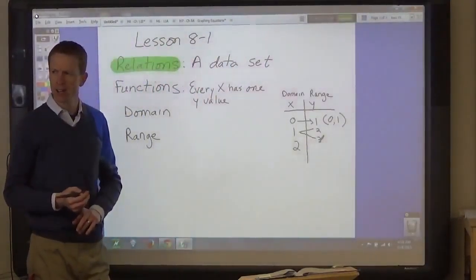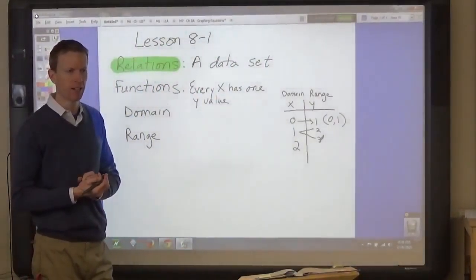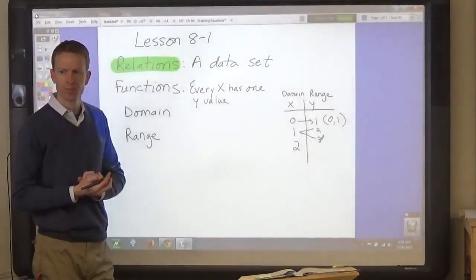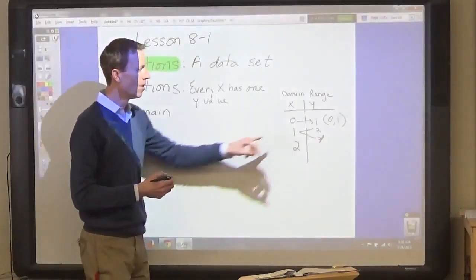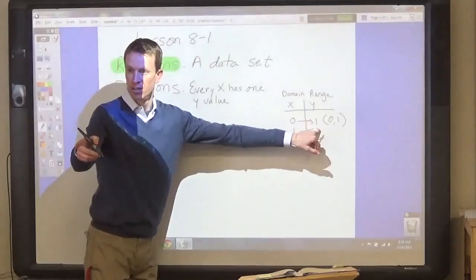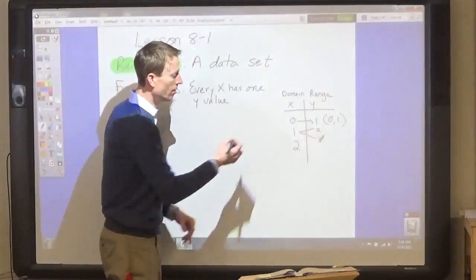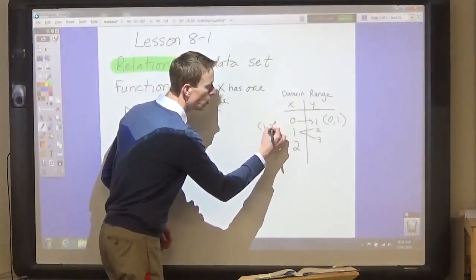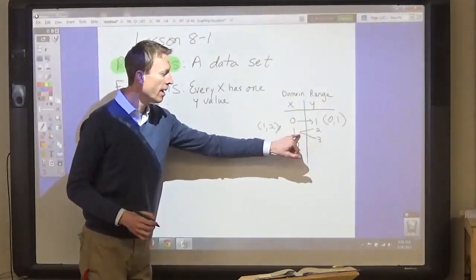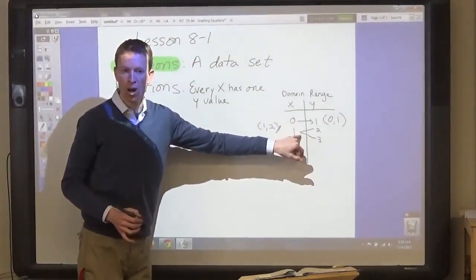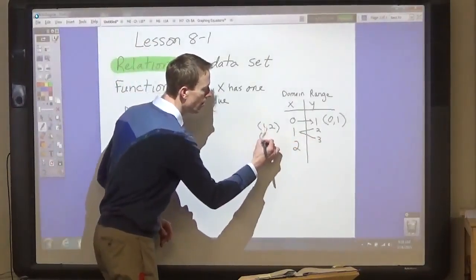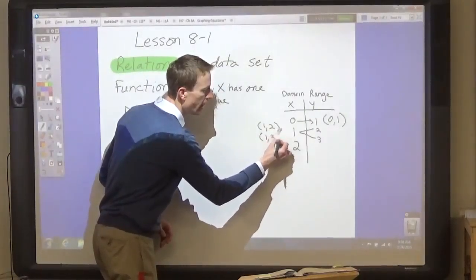What ordered pairs, what points would that represent? 1, 2, and 1, 3.